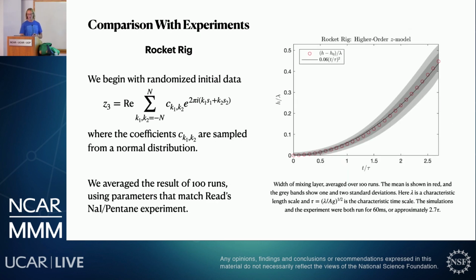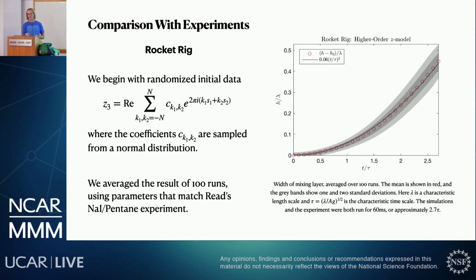So we used our interface model to simulate exactly this, what's called the rocket rig experiment. And what you do is you take initial data where your perturbation is a Gaussian random perturbation, and you randomly excite the amplitude of certain modes. And we did 100 simulations.